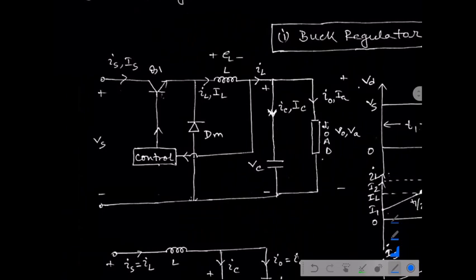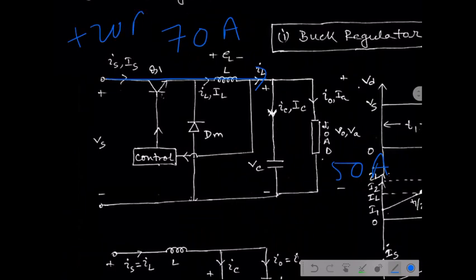As we assume the magnitude of the current across the load is always maintained at the fixed value of 50 ampere, this additional 20 ampere excess current is now flowing to the capacitor.